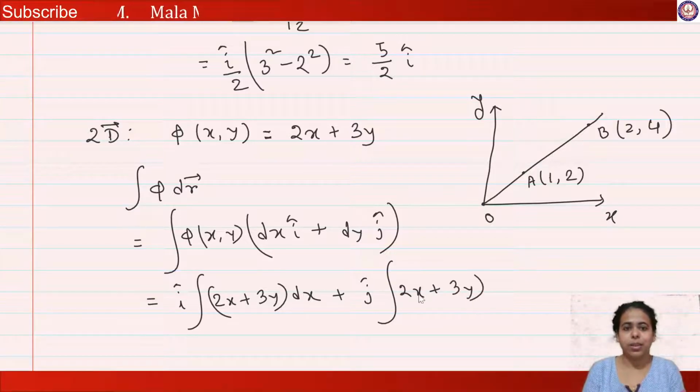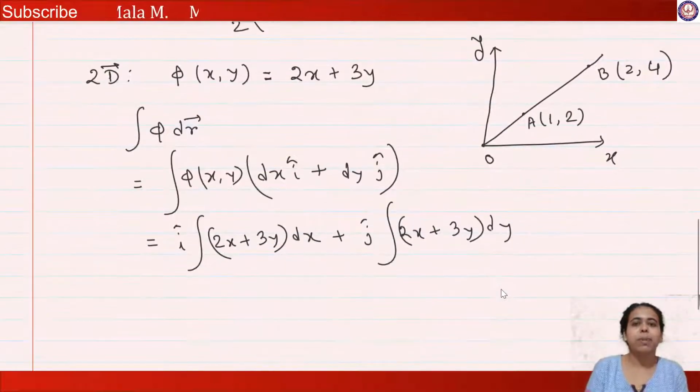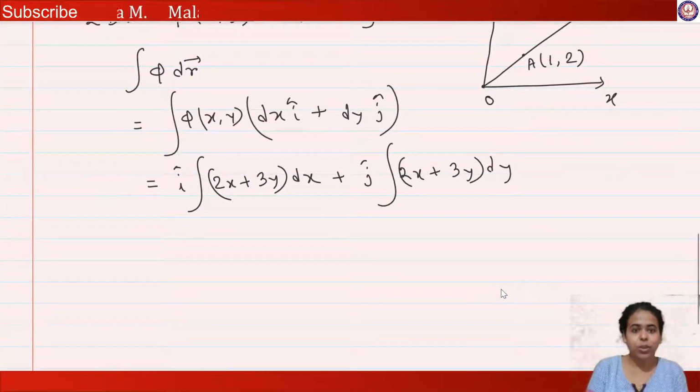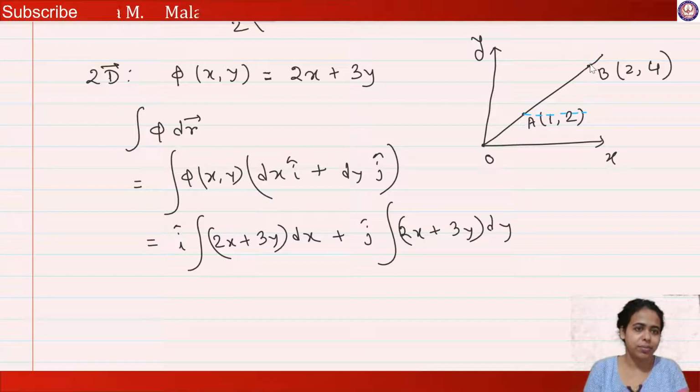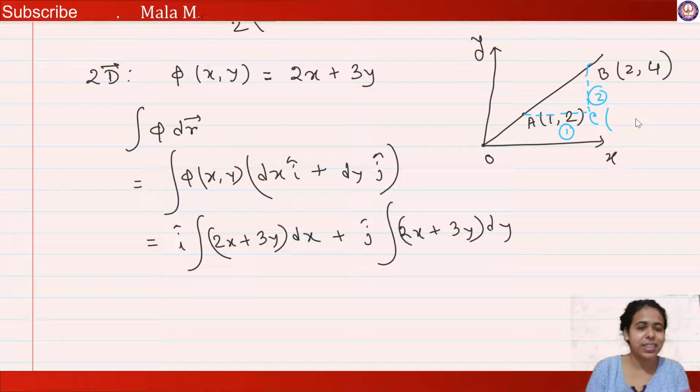That is, 2x plus 3y dx plus 2x plus 3y dy. Now we will divide the integration into two paths, so we can choose our own path. At first we will choose two lines. This is path 1, this is path 2. So we consider a third point C, which is the point (2, 0).